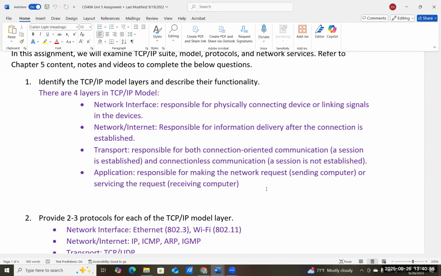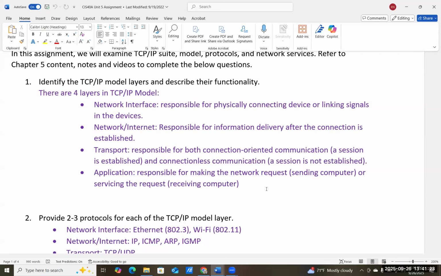In connection-oriented protocols, you have to have acknowledgement between the 2 systems and agree when and how they are going to exchange information. So transport combines the session, presentation, and transport layers of the OSI.